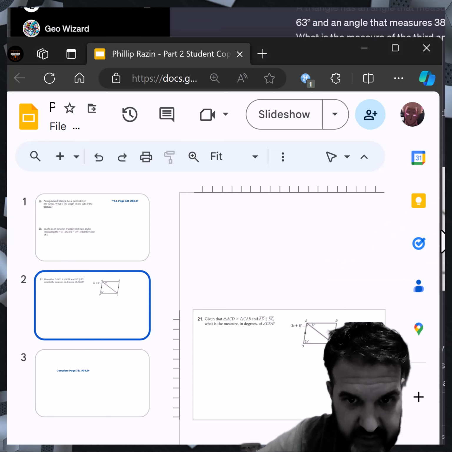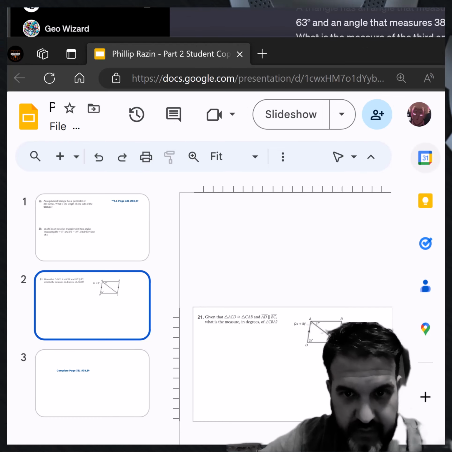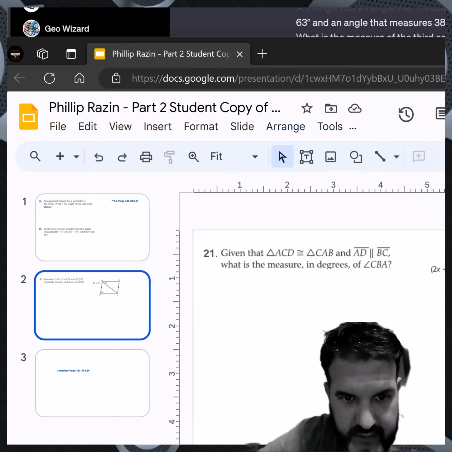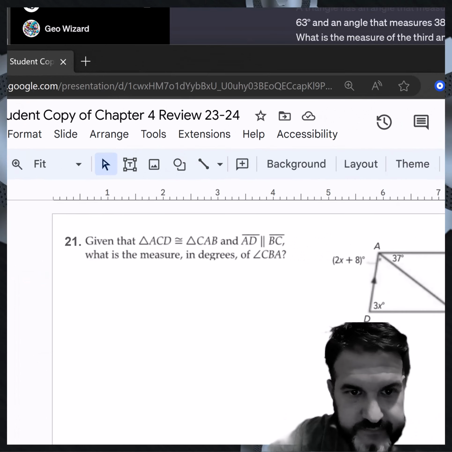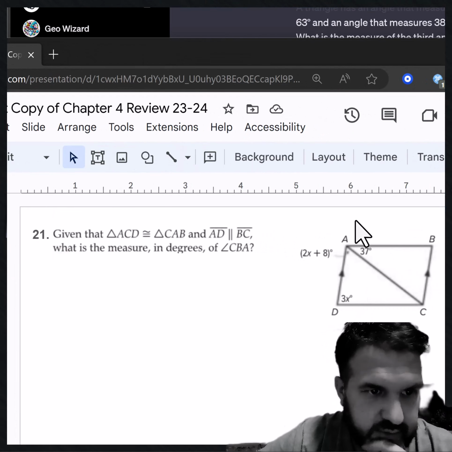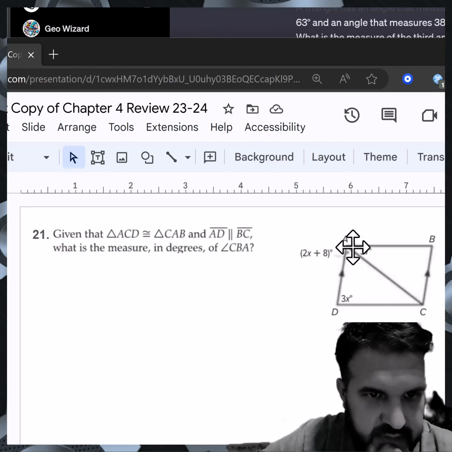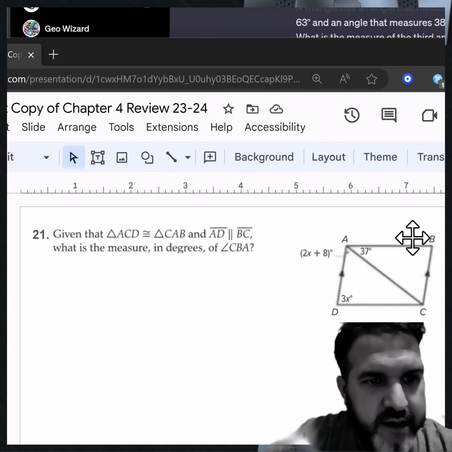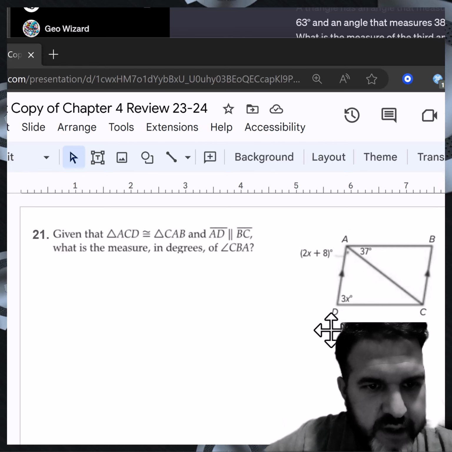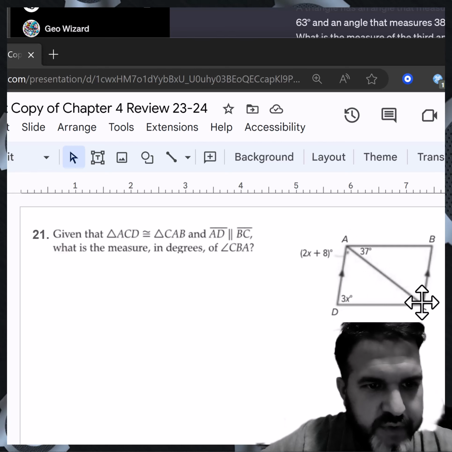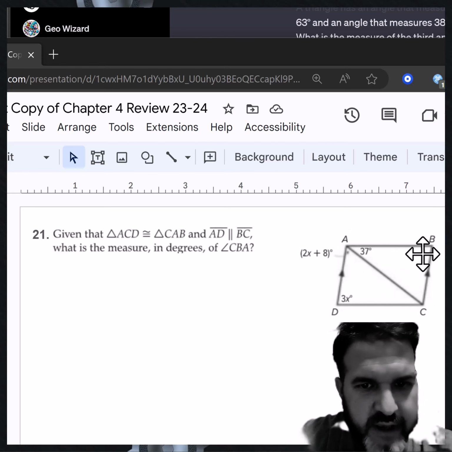So, given that ACD and CAB are congruent and AD and BC are parallel, what is the measure of degree CBA?